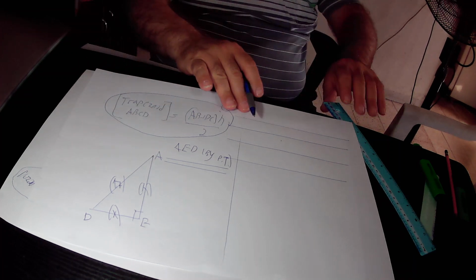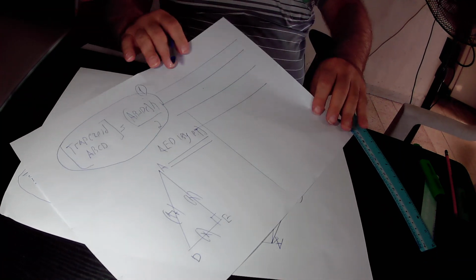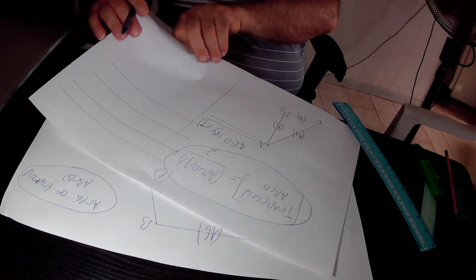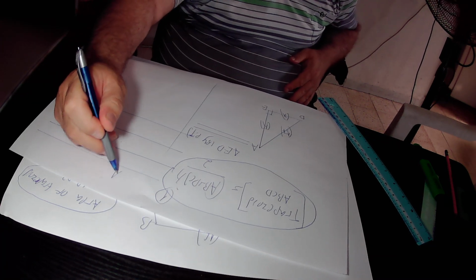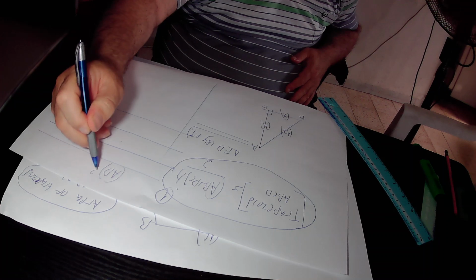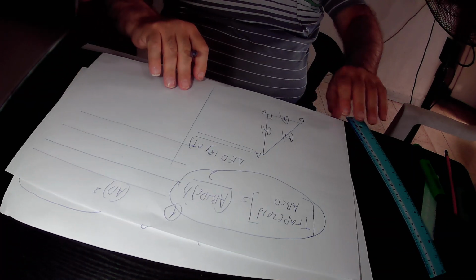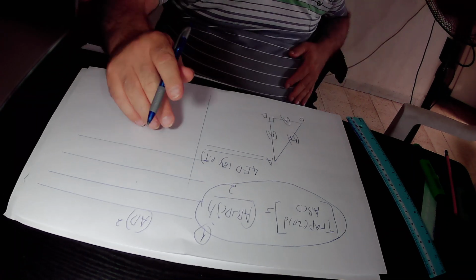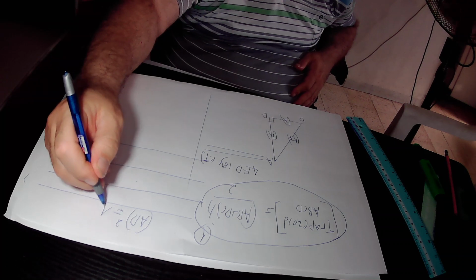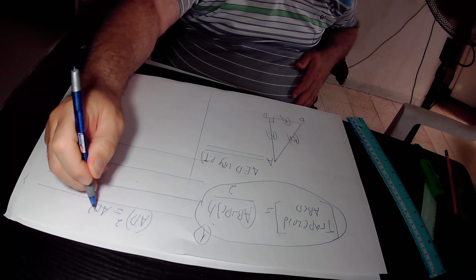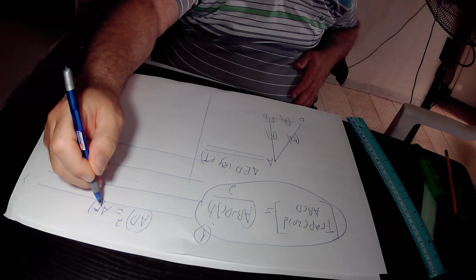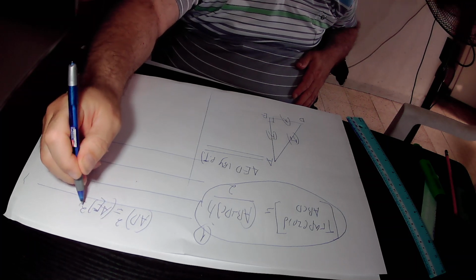So I write it down. AD squared, the square of the hypotenuse, equals AE squared plus DE squared.